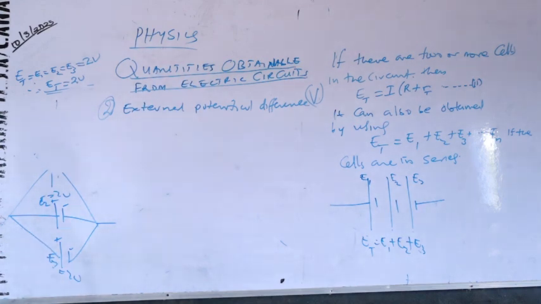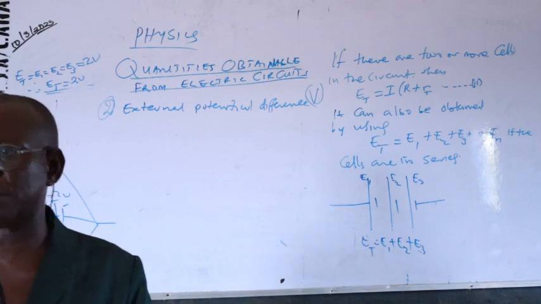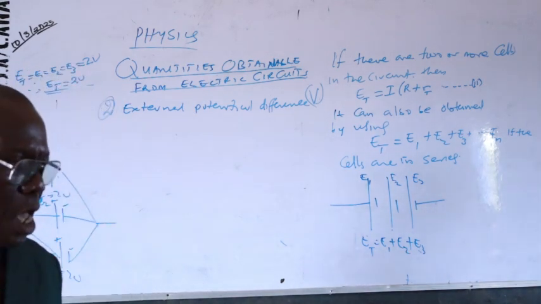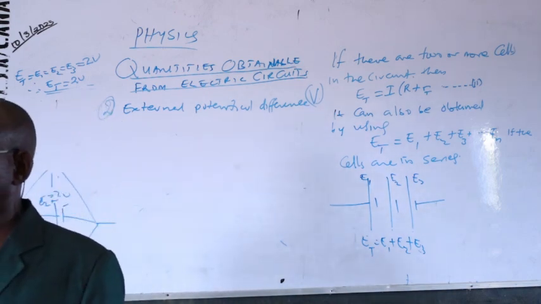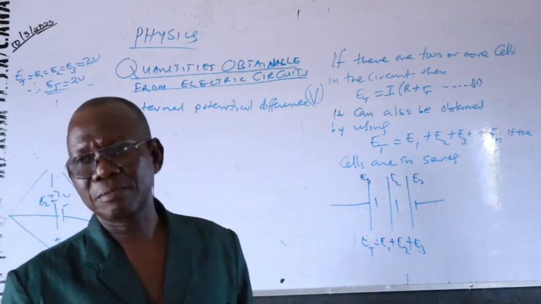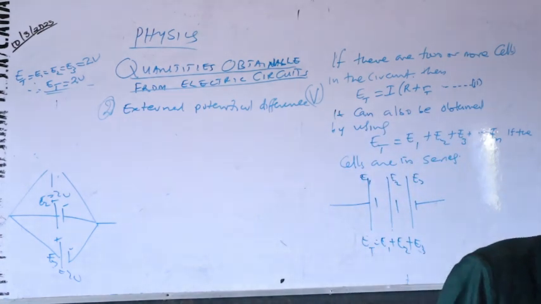Can somebody remind us the definition of external potential difference? Anybody? No idea? Nobody can define that for us, or you have not been taught that?